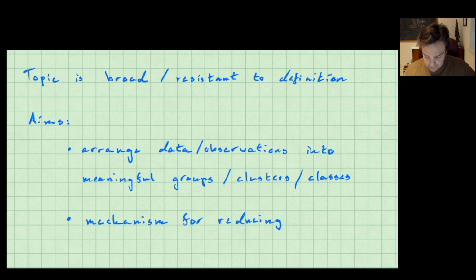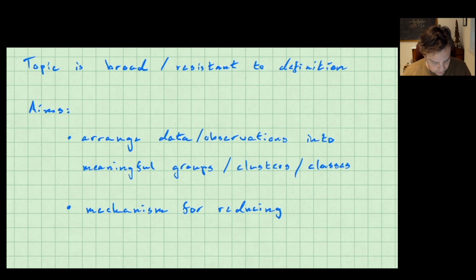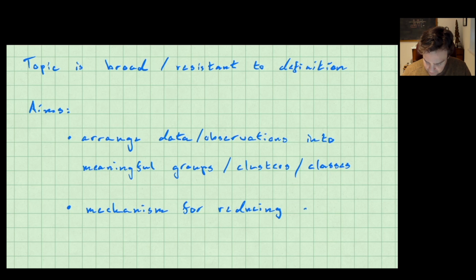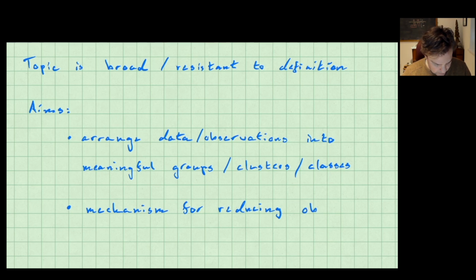That's a lot of what we've been doing. And this is a different kind of approach, where you're reducing the number of observations rather than the number of features or parameters.